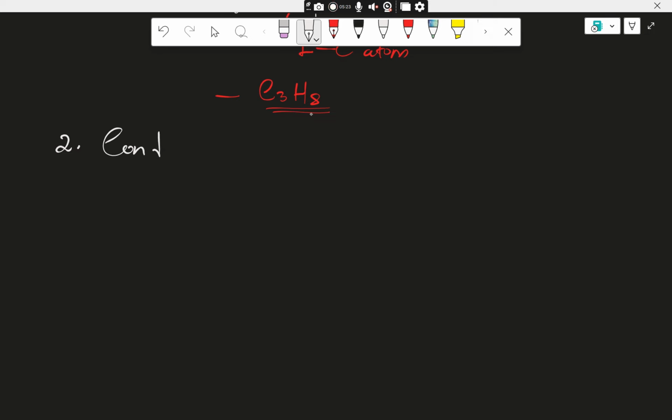And then you also have what is called the condensed formula or the condensed structure of your organic compound. So this condensed formula, right?